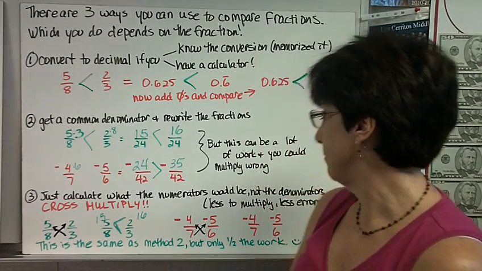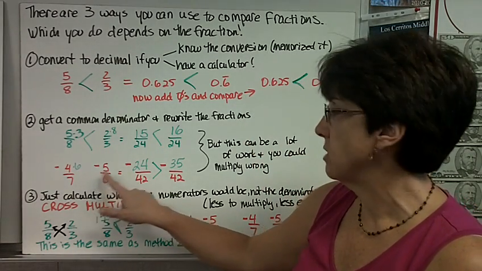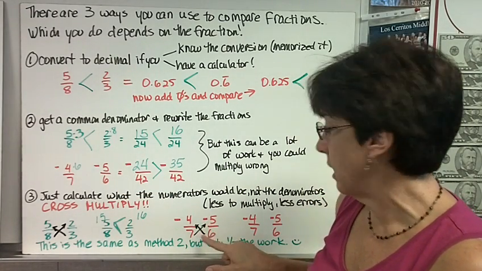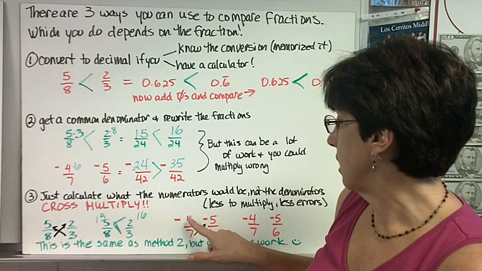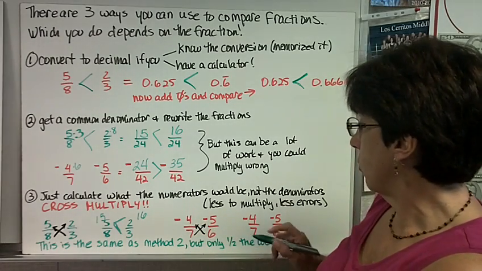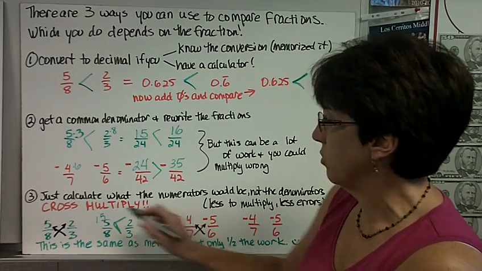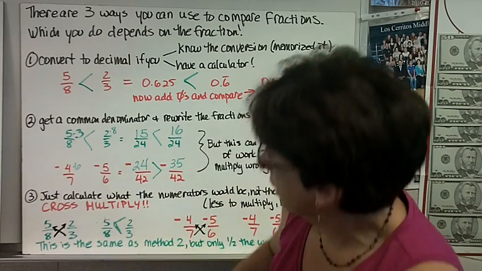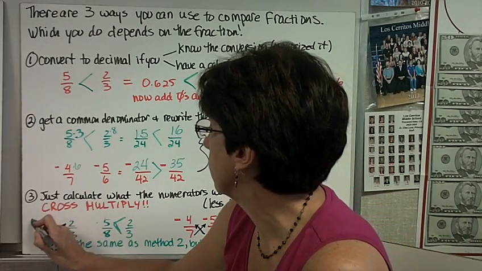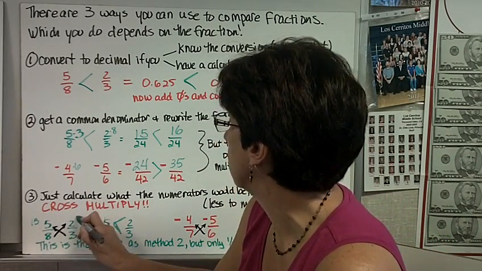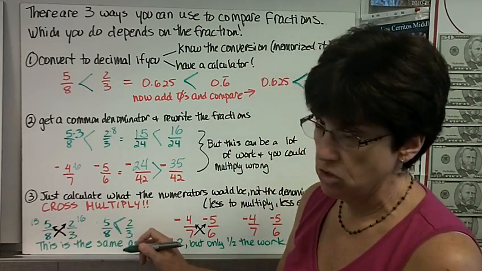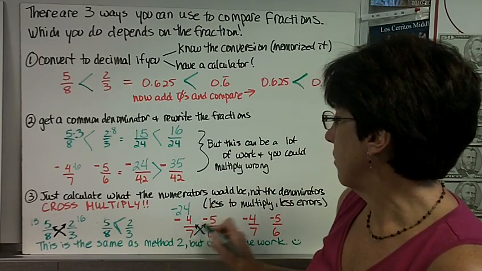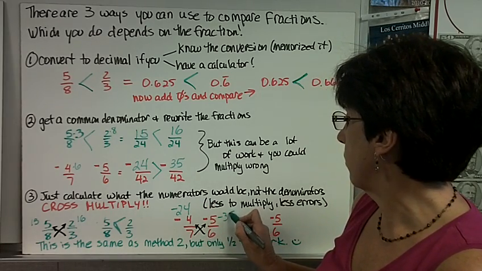Let's do another one. Same problem as before, negative 4 sevenths, negative 5 sixths. I'm going to cross multiply, multiply diagonally. 6 times negative 4, negative 24. 7 times negative 5, negative 35.